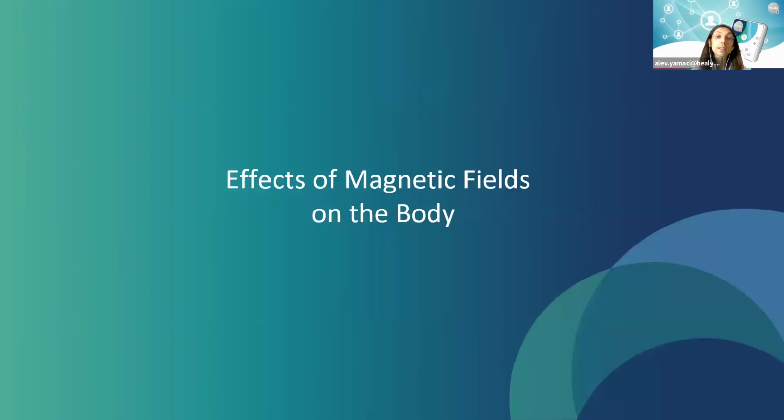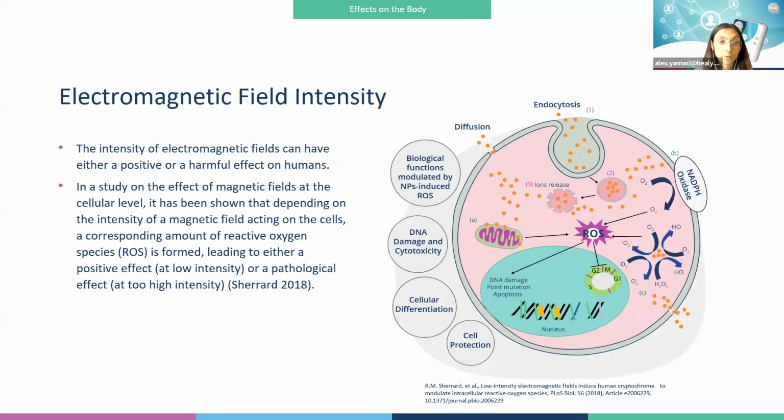Then we have the magnetic effects, or the effects of magnetic fields on the body. So if you look at the electromagnetic fields and the effects on cells, they can have, of course, positive effects. And of course, if you use too high frequencies or too strong magnetic fields, they can also have not so positive effects. But the good thing is MagHealy is only capable of the good things.